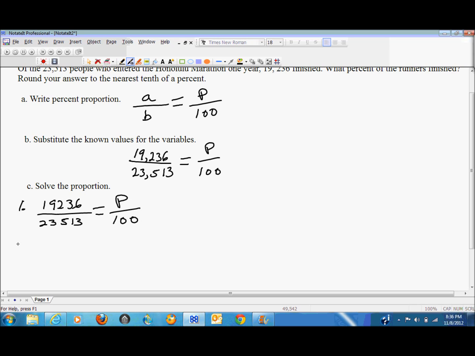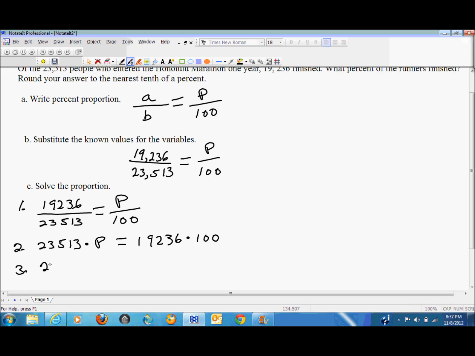Then our second step is to set up our cross product. That will be 23,513 times P, and that's going to equal 19,236 times 100.